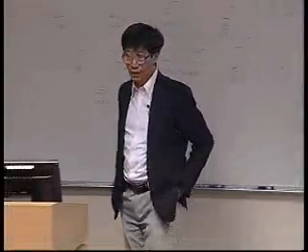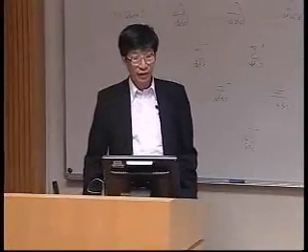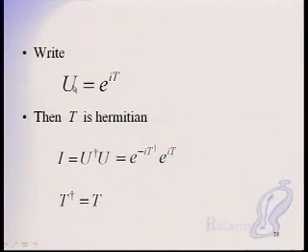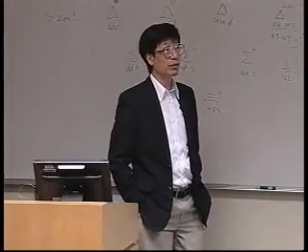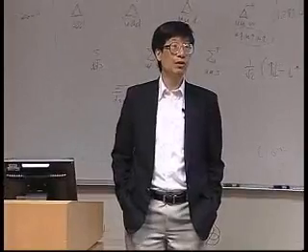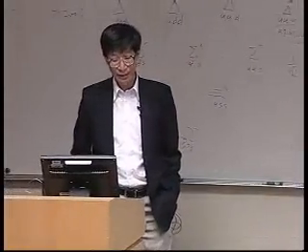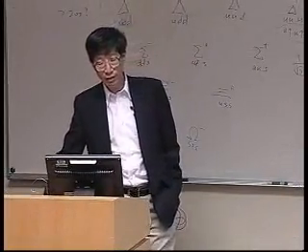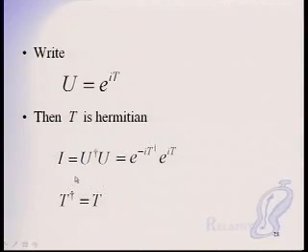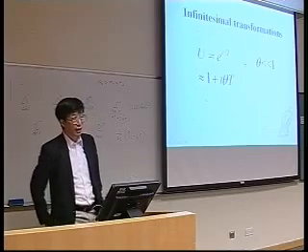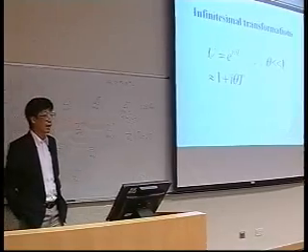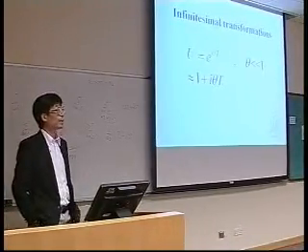As with the case of translations and rotations, it is usually very convenient to write this unitary operator as e to the i times another operator, T. And as before, you can show that T is Hermitian. Okay? So instead of talking about the unitary operators U, I will talk about the Hermitian operators T. And the proof of that is the same as in rotations. In fact, it is enough to talk about infinitesimal transformations.